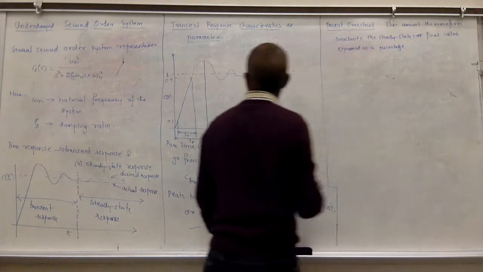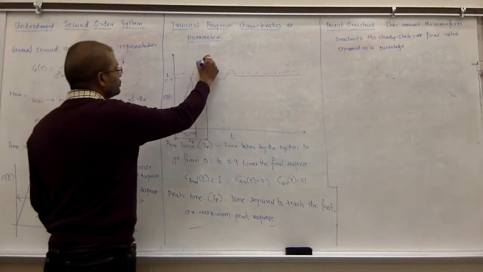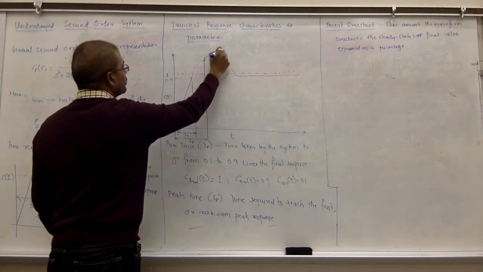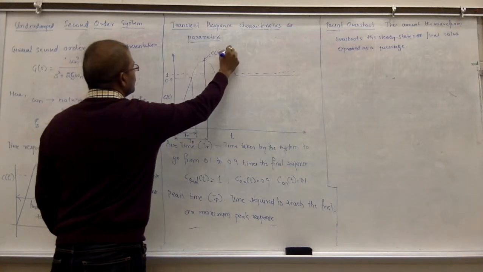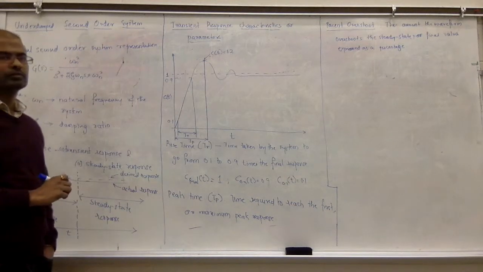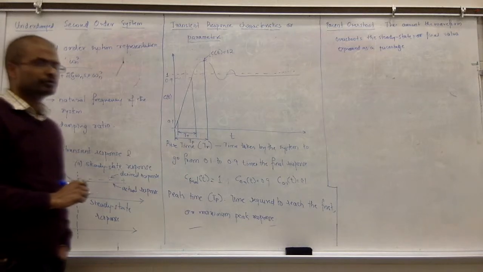Okay. So now, let's say this value here, C of t, is 1.2. So what is the percentage overshoot?